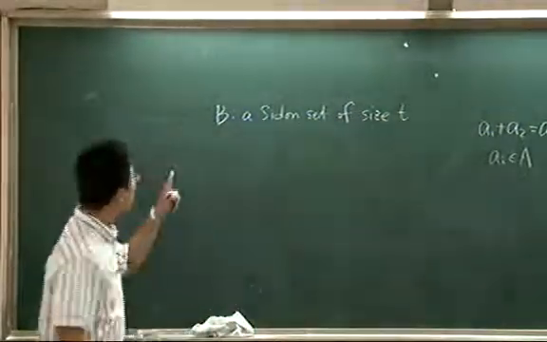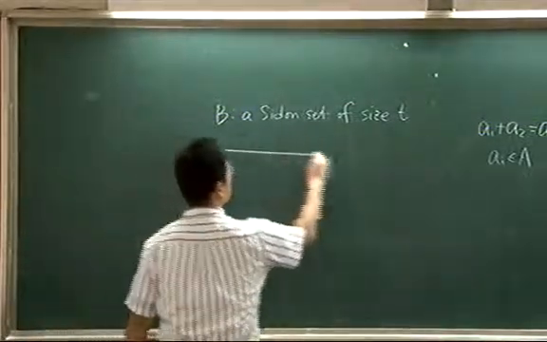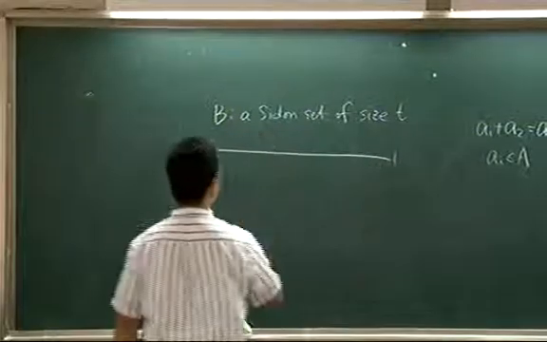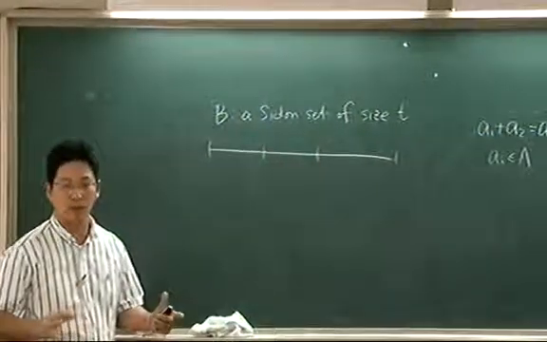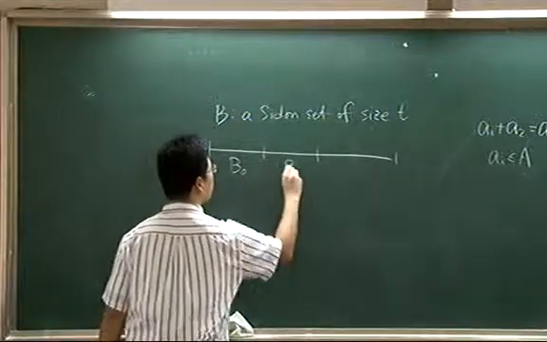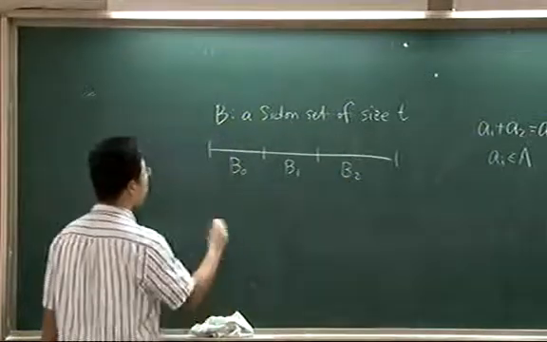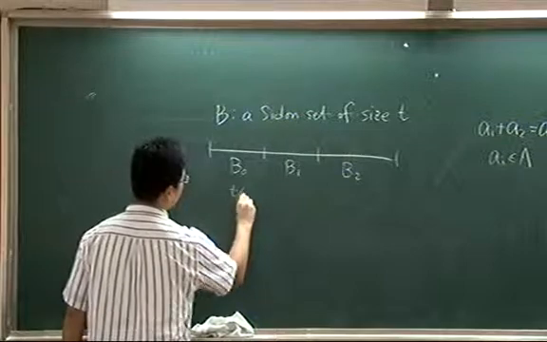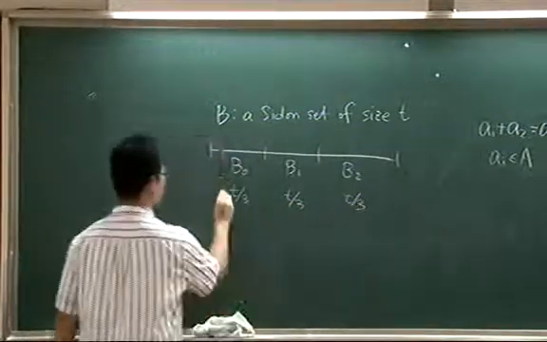We want to count Sidon sets of size t. To do that, we will divide B into 3 small subsets, B0, B1, B2. Maybe the size of that is t over 3, and let's say that is S.